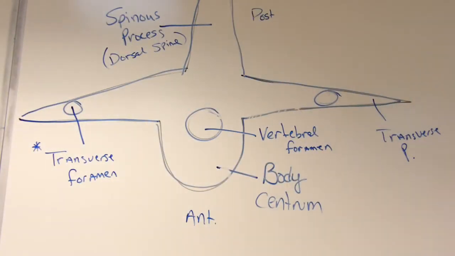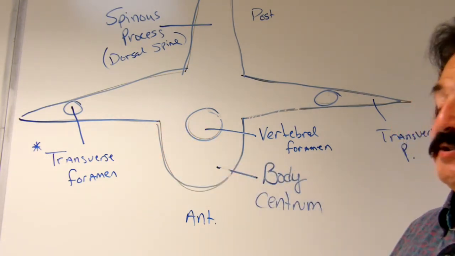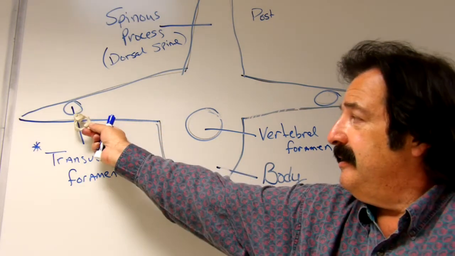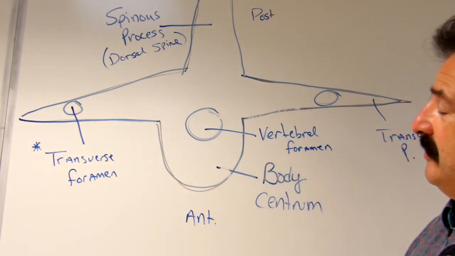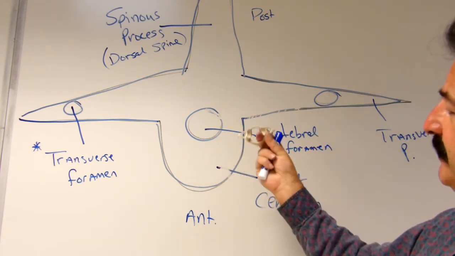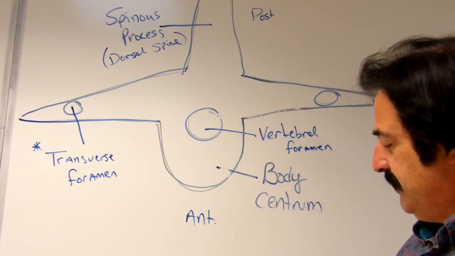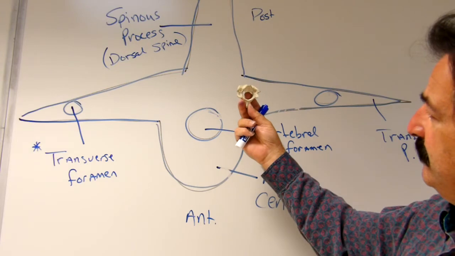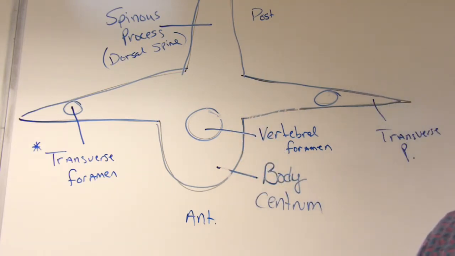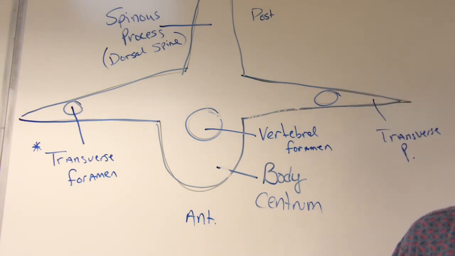Asterisk is there because only one type of vertebra has transverse foramen. In other words, that vertebra has three holes. In fact, that's one of the ways that you can identify a cervical vertebra.